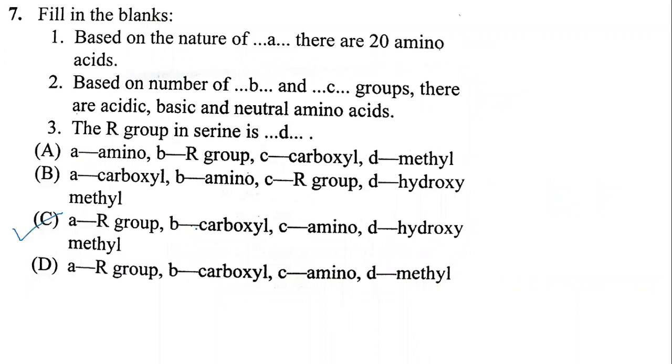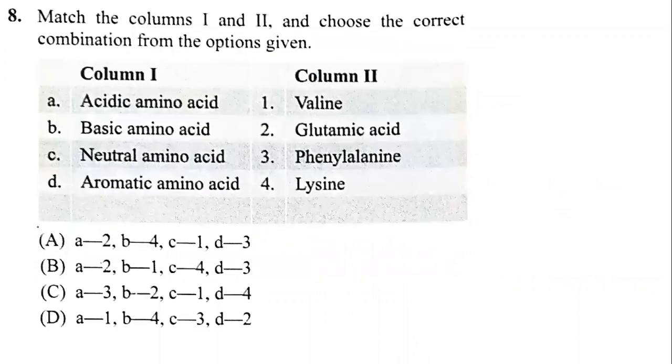Moving on to the next question. Match column 1 and column 2 and choose the correct option that follows. Acidic amino acid: without any doubt, you will mark glutamic acid, because in our text also we have to study only about glutamic acid. Basic amino acid, NEET 2020 question.